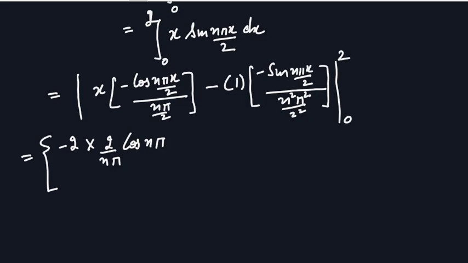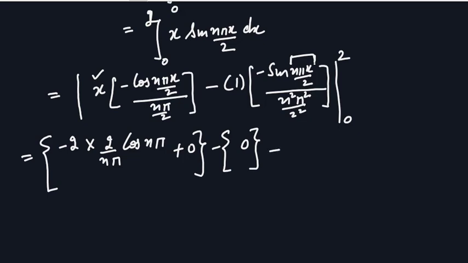When I replace x here, I will get n pi 2 by 2, 2 and 2 will cancel out. I will get here sine of n pi. Sine of n pi is 0, so I should write 0 here. This is the upper limit, minus the lower limit 0. When you replace x by 0, this entire term will become 0. And second, when you substitute x as 0, sine of 0 will give us 0. So on substituting the lower limit, I will get 0.